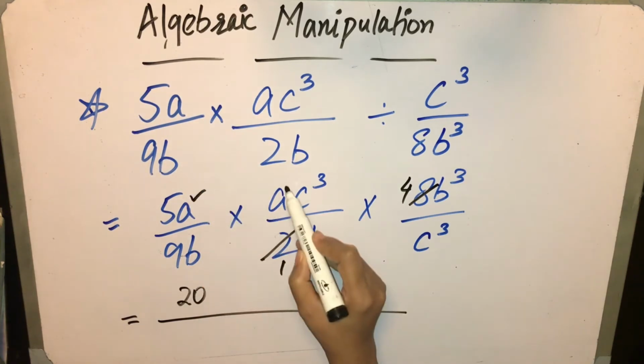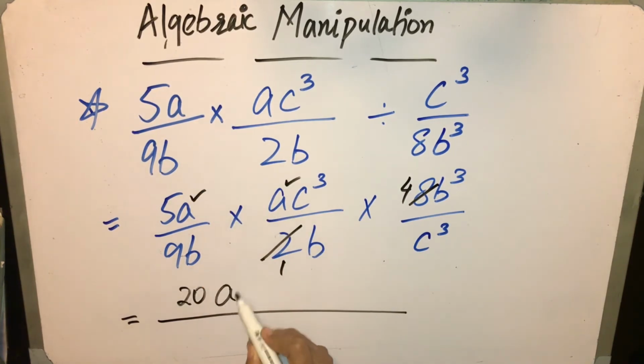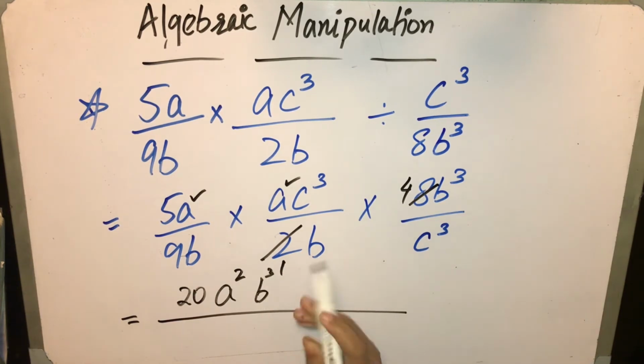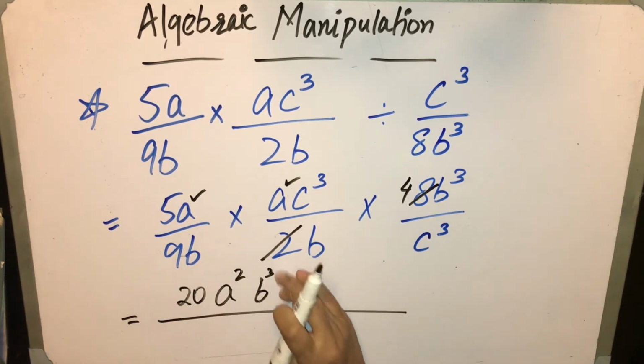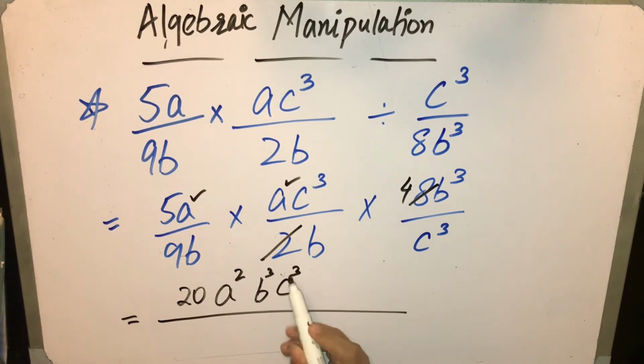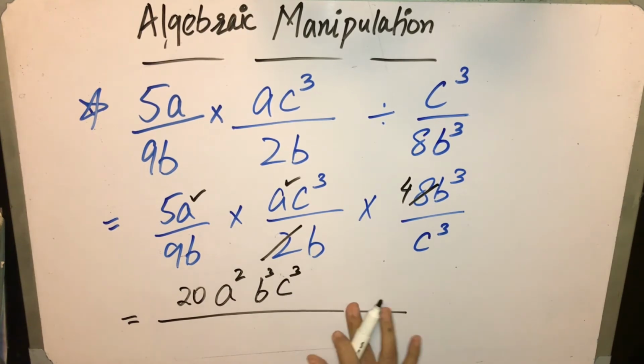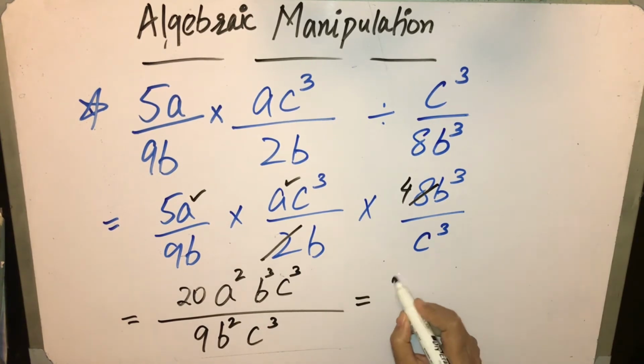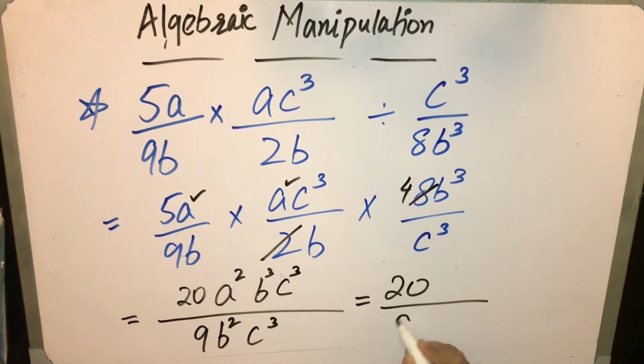There is 1a and 1a. There are two a's, a square, b cube, and c cube. I think this is our numerator. And when we are going towards the denominator, there is 9 with 2 b's, b square and c cube. Okay, when we are going to simplify our answer, this is 20 over 9.